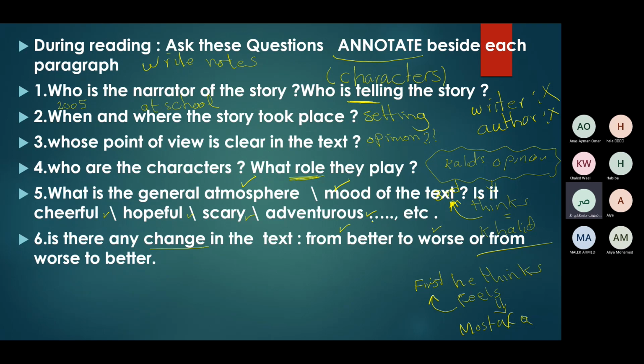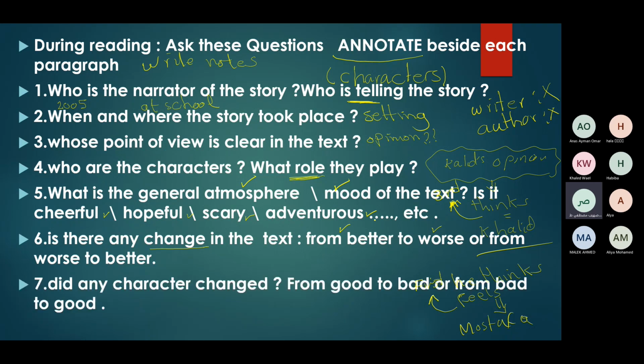The text started with a bright and hopeful atmosphere, but later an accident happened that changed the atmosphere into a gloomy, dark, and disappointed atmosphere. This is change. Or vice versa, maybe the opposite happens. The text starts with a darker atmosphere, but happiness prevails at the end. So decide if the text has any change.